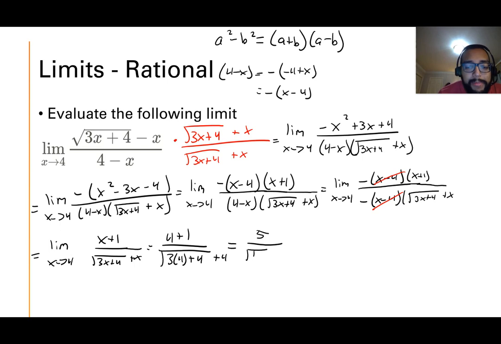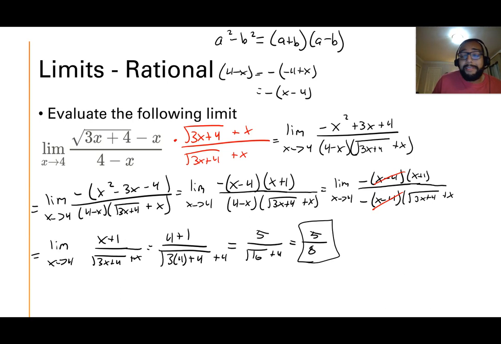This now becomes 4 plus 1 over 4 plus 4. While this answer may not be ideal, it's a number. It's a lot better than what we started with. So the biggest thing here: multiplying by the conjugate is another method we learned for evaluating limits of rational functions.